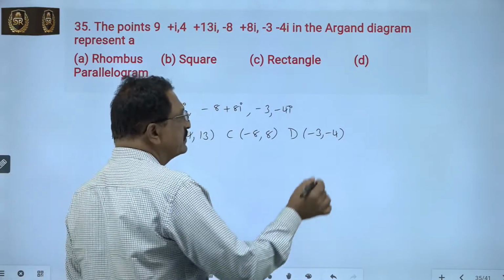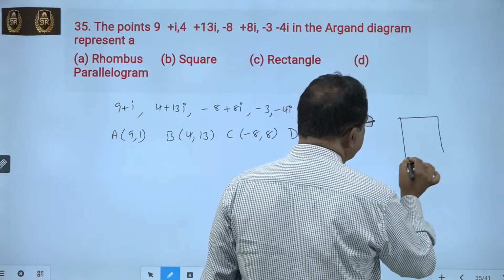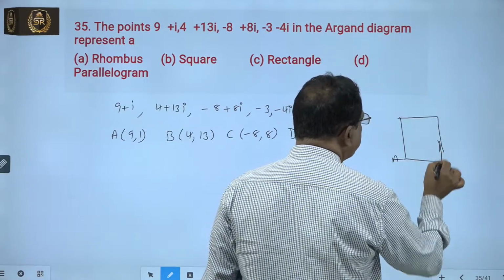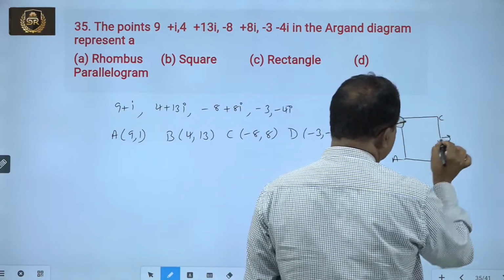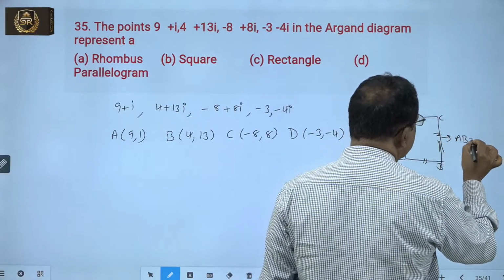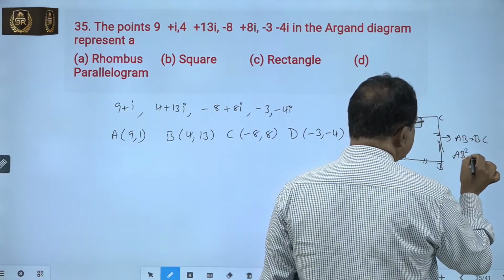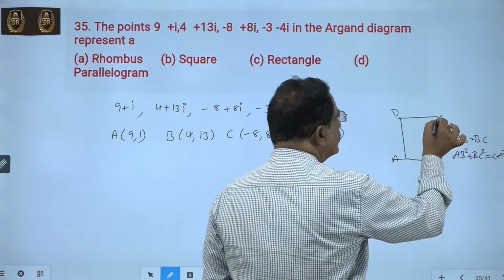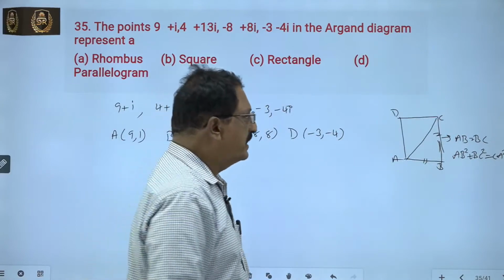Now, suppose ABCD is a square, then compulsorily what are the conditions? AB, BC, CD all are equal, means AB equals BC, and AB square plus BC square equals CA square, because ABC is a right angle triangle, Pythagoras theorem.